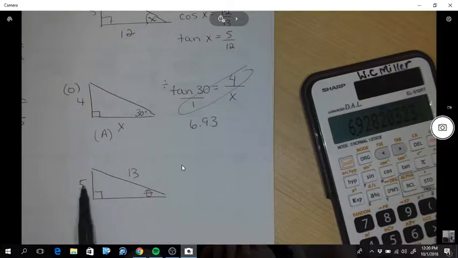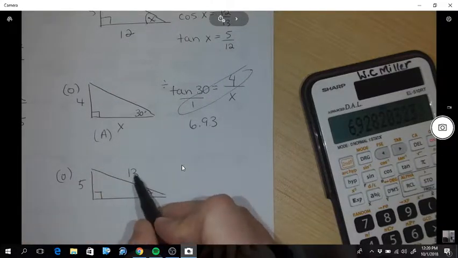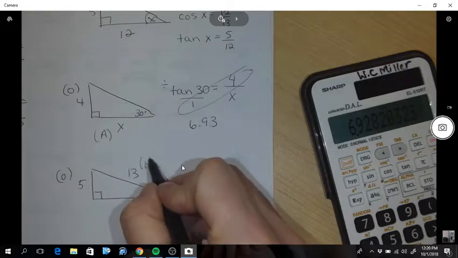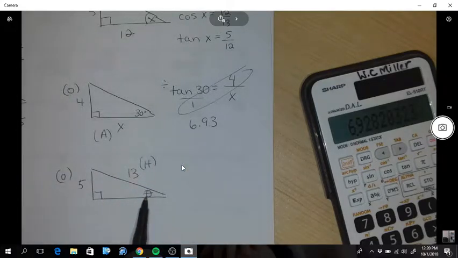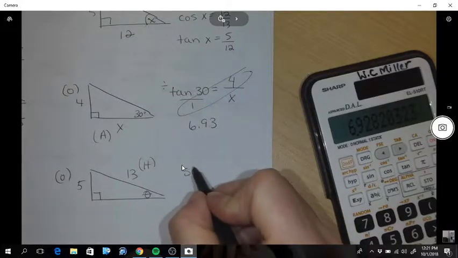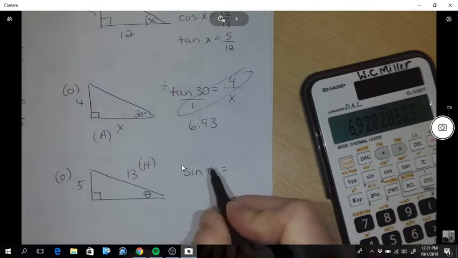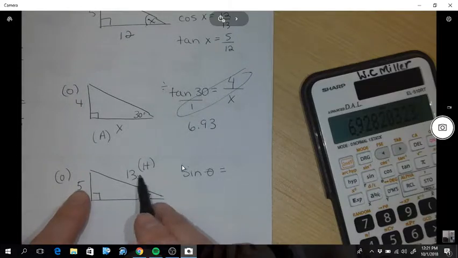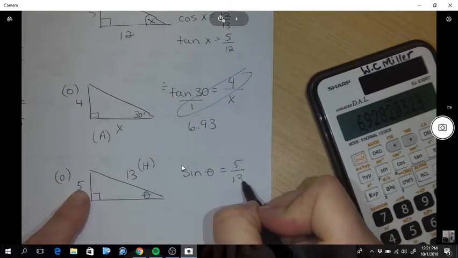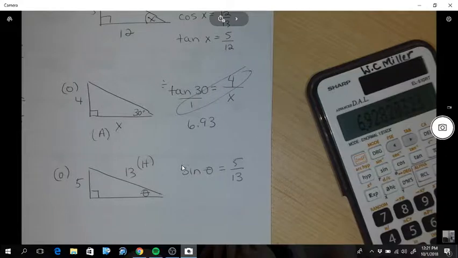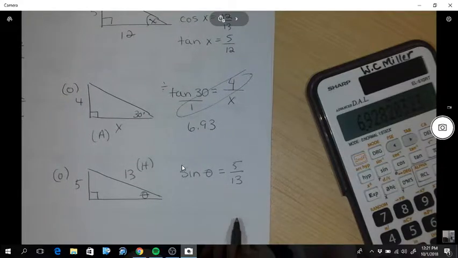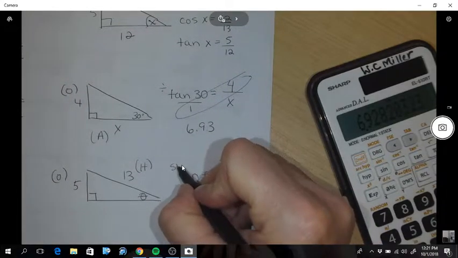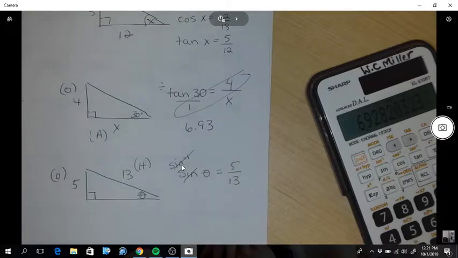This is my O, and 13 is my H. So the one I would pick is SOH. I'm going to pick sine of angle is the ratio of the O divided by H. Now if I want to find that angle, you have to do the inverse, because sine inverse is the opposite of doing the sine.